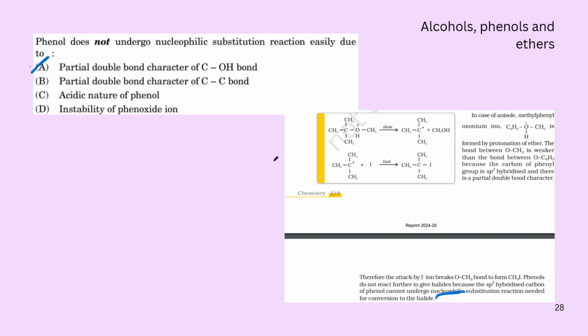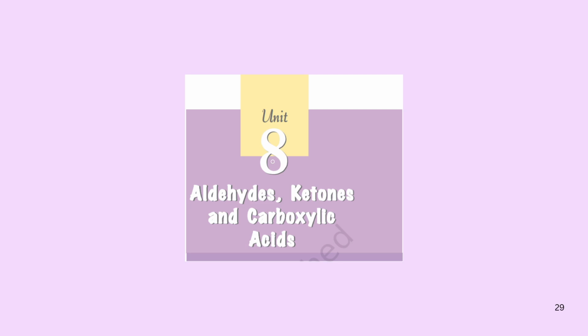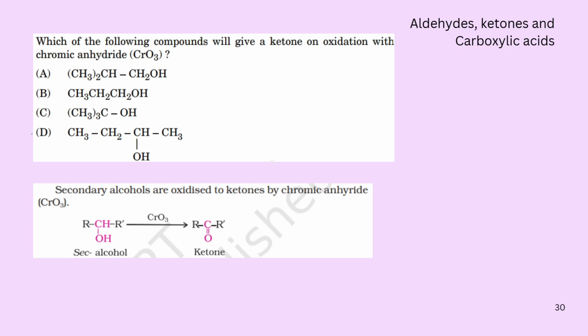nucleophilic substitution reaction. The next one is aldehydes, ketones, and carboxylic acids. I feel like this chapter, even when I was studying, had so many chemical reactions. It was a lot. Anyways, which of the following compounds will give a ketone on oxidation with chromic anhydride? When you have secondary alcohols, they oxidize to ketones by chromic anhydride, CrO3.